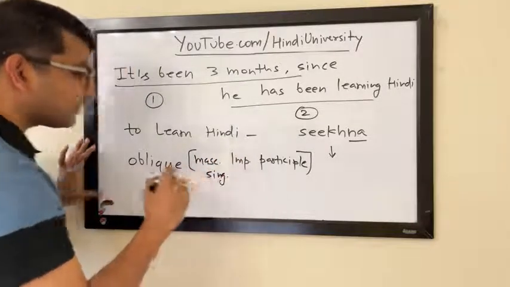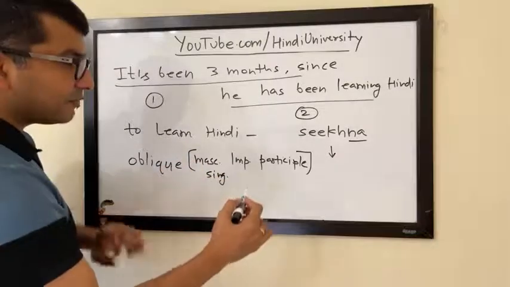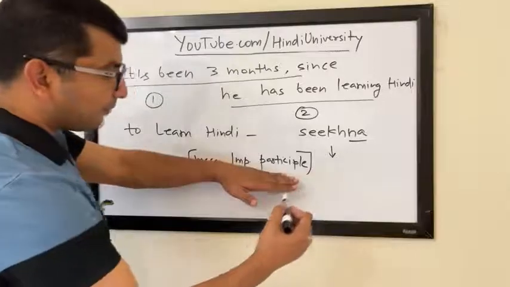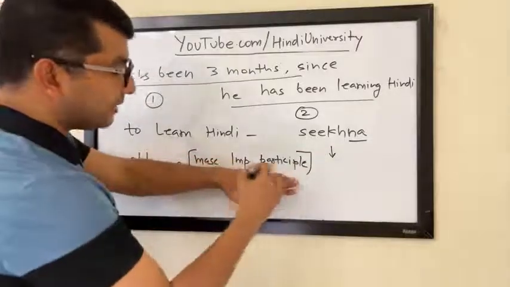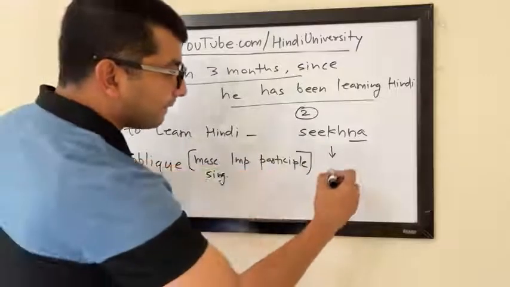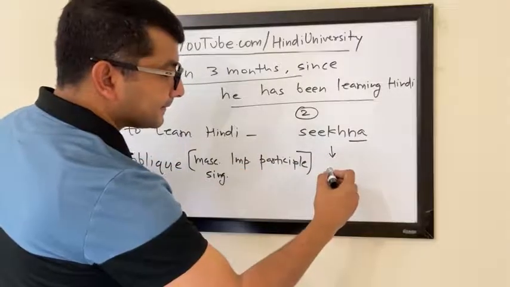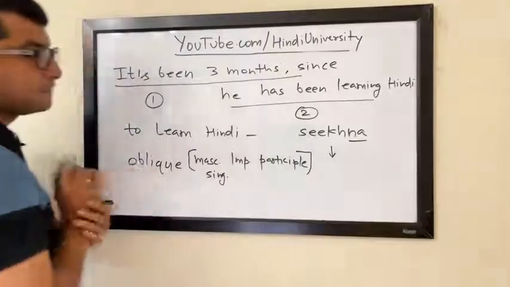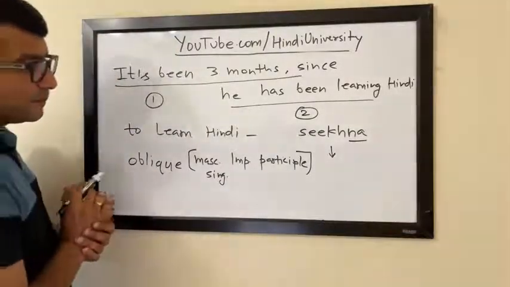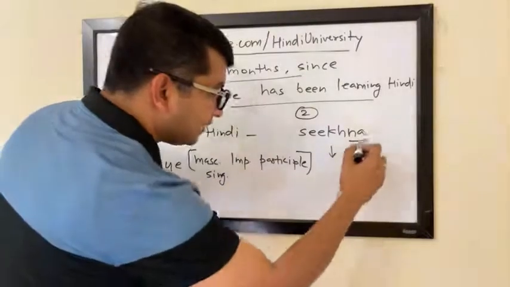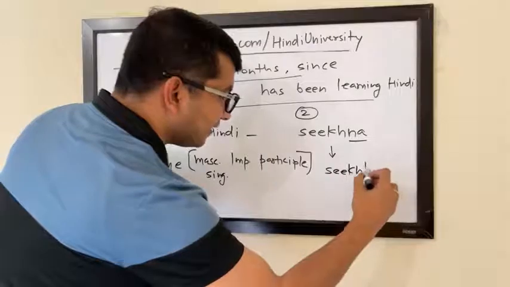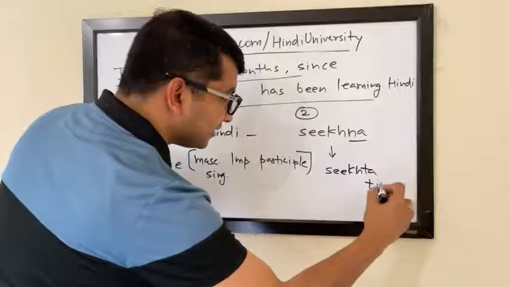And it's probably a lot of items to digest, but we'll break it down. So the verb is seekhna. From seekhna, what will you say the imperfective participle form of seekhna? Okay, so basically you remove the na and you can say seekhta, seekhti, or seekhte.